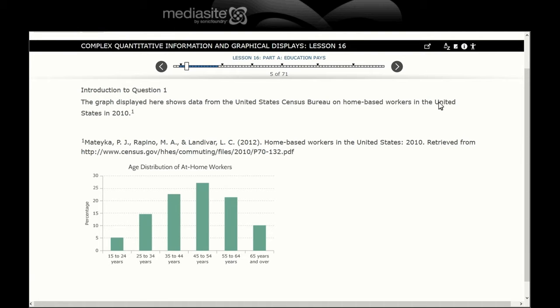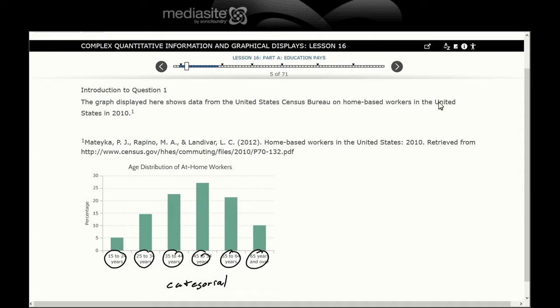Okay, so we have what looks like a graph here. It's categorical because these are categories in which we just did a count of people who worked at home between 15 and 24, people who worked at home 25 to 34, people who worked at home 35 to 44.